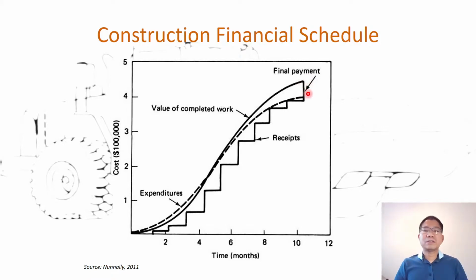So in the next videos we solve two problems. In the first problem we consider no advance payment, and then advance payment, and how that affects the contractor's expenditure value and the gap between the expenditure and the income or receipt from the owner.